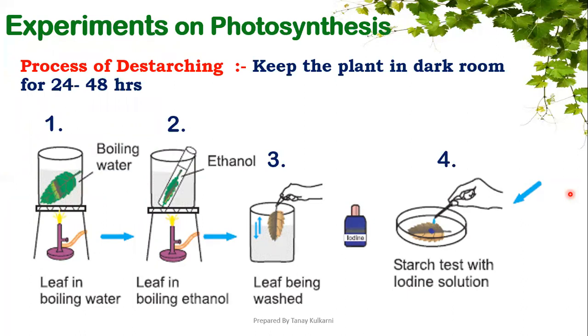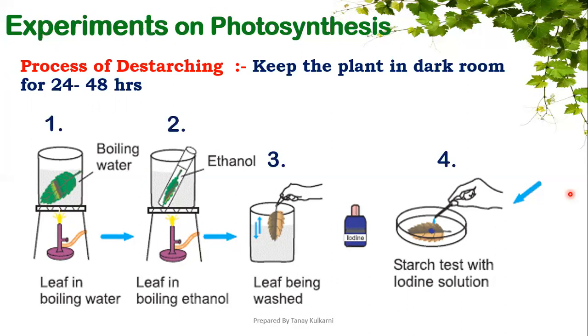All the starch will get removed from the leaf, because the plant cells or the plant organs will utilize that starch for energy purposes. Now the destarched plant is defined as one whose leaves are free from starch. How can we confirm whether the leaf or the plant is completely destarched?